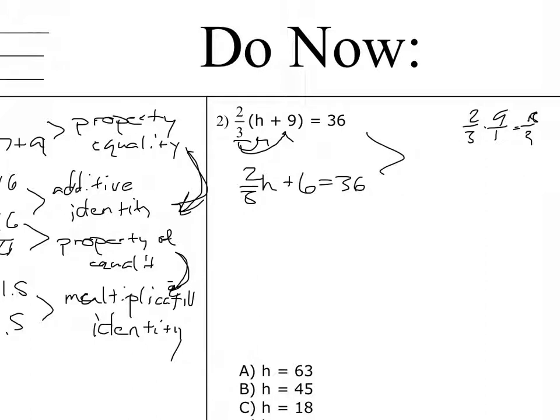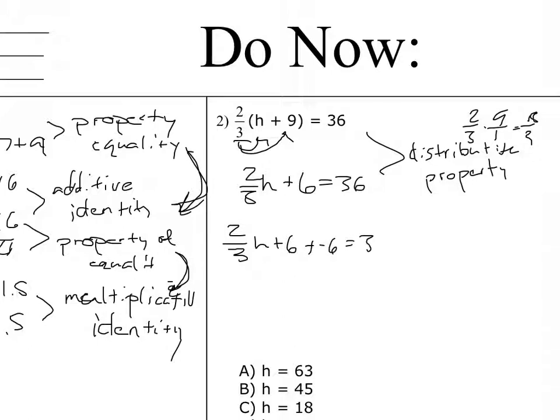By the way, if we needed to, we could say we did the distributive property here. Alright, so I'm going to add negative 6 to both sides. 2/3 h plus 6 plus negative 6 is equal to 36 plus negative 6. This adds up to 0.